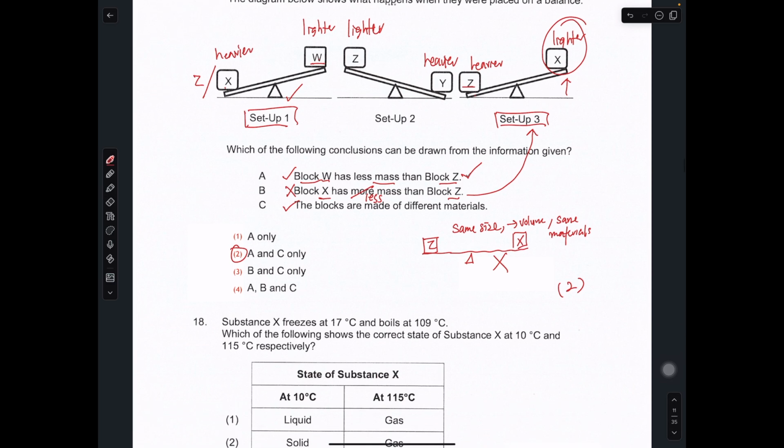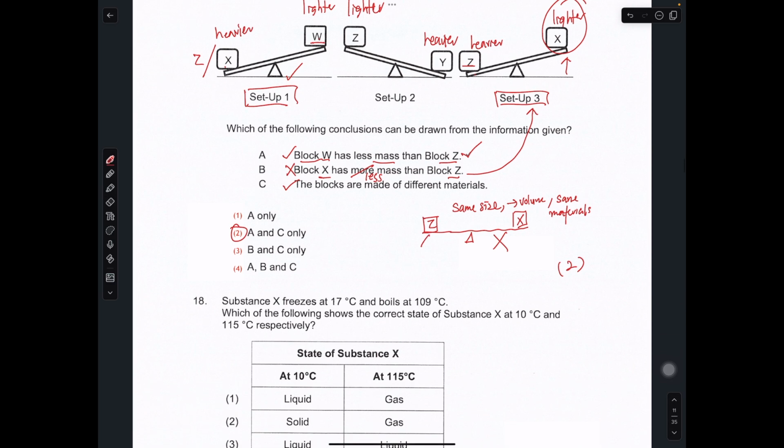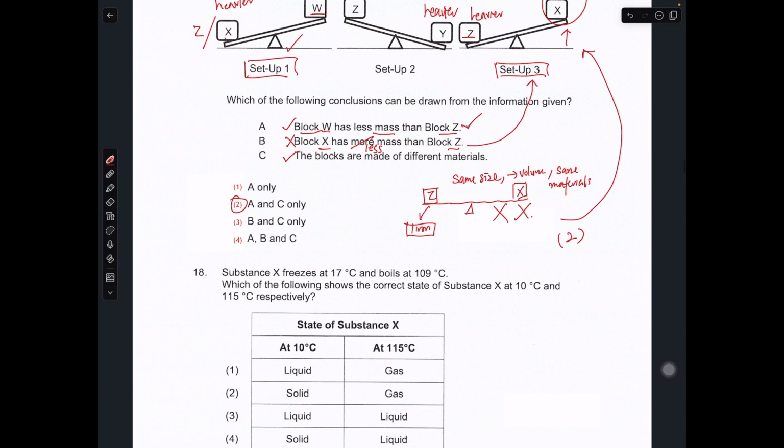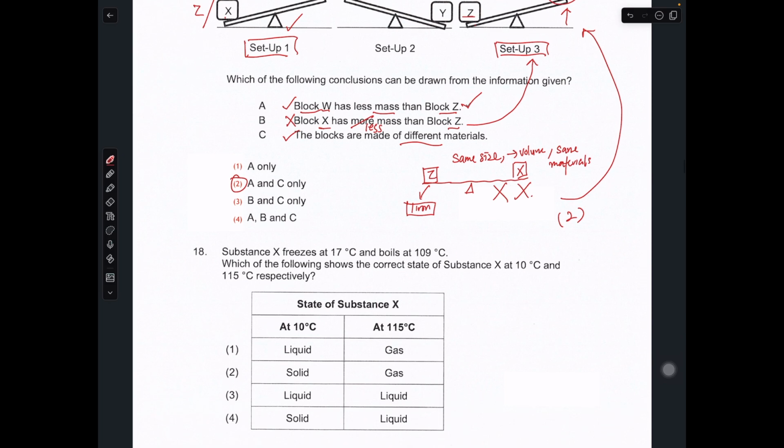If this is iron and this is iron, they occupy the same amount of space, so they have the same mass as well, so they should be balanced. But if they are not balanced, like what we have seen in setup 3, this must not be iron, so they must have different materials.